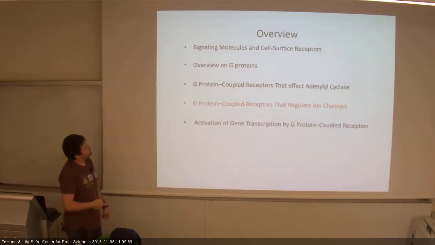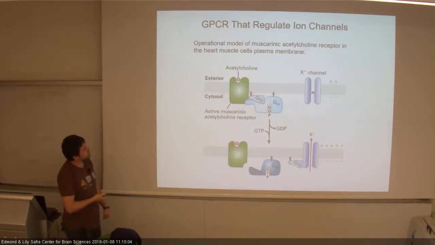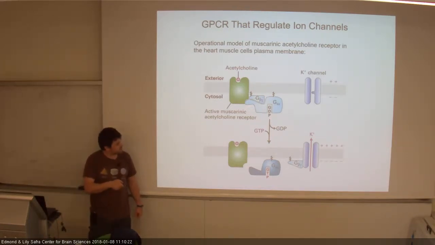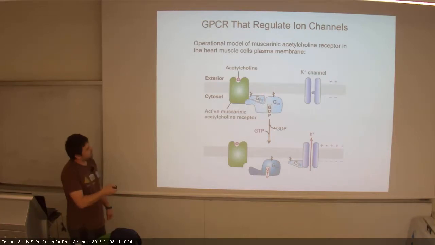Then we move to the next example, which is G protein coupled receptors that regulate ion channels. The most simple example is vagus nerve activation of muscarinic receptors through acetylcholine. Once the muscarinic receptor is bound to acetylcholine, it undergoes a conformational change and binds the G protein, and in this case the subunit that actually does the work is the G beta gamma subunit, which binds to a potassium channel and causes it to open.